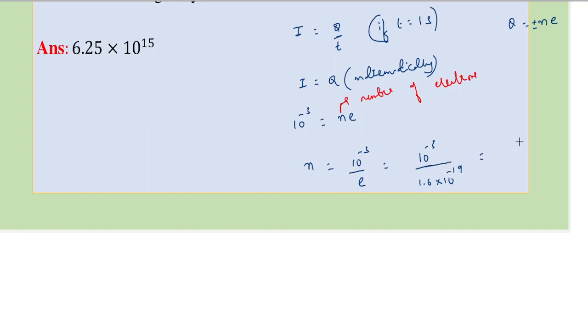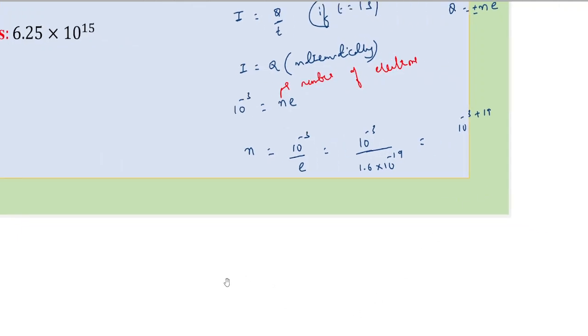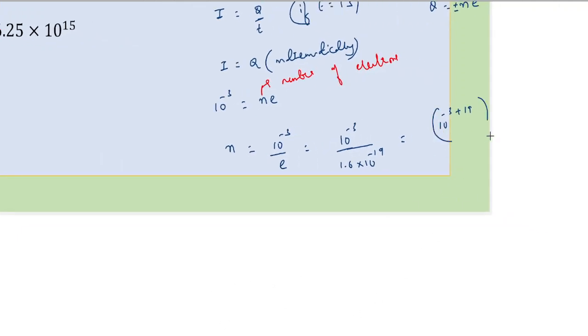So it becomes 10 power minus 3 plus 10 power plus 19, by 1.6. 1 by 1.6 is equal to 0.625. Therefore N is equal to 0.625 into 10 power plus 16, or N is equal to 6.25 into 10 power plus 15.